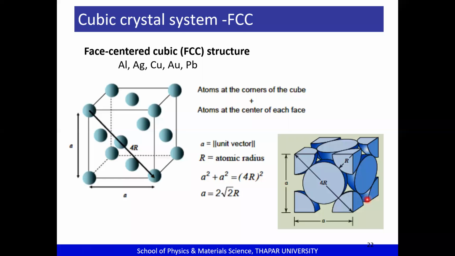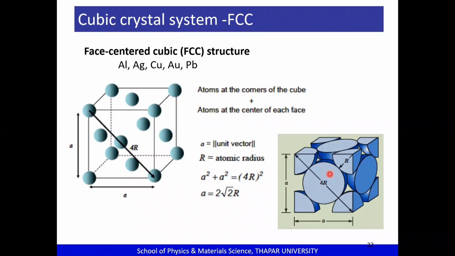That means the boundaries of the atoms are touching each other. So if you go through that assumption, then you can define the total length of the face diagonal, which is shown in the right hand corner image, as r plus 2r plus r, that makes the total length equal to 4r.